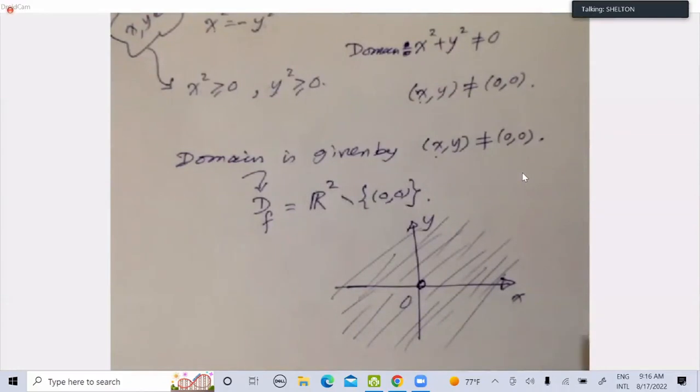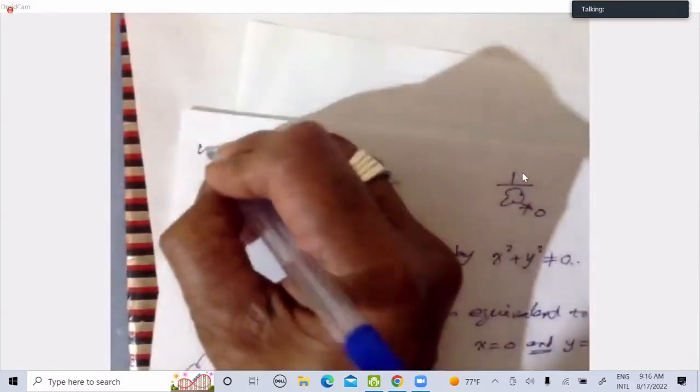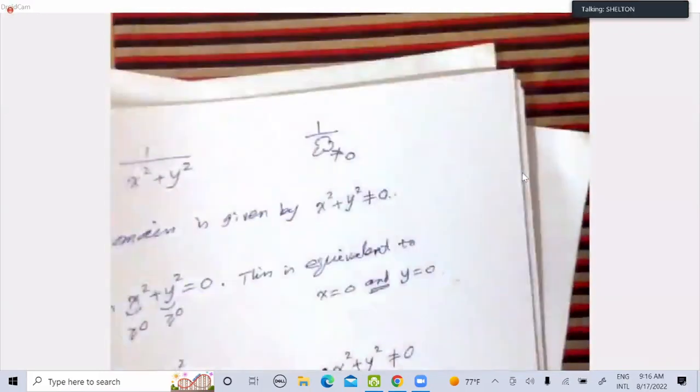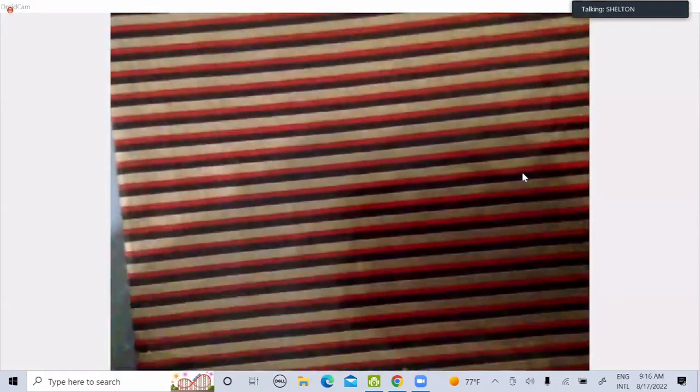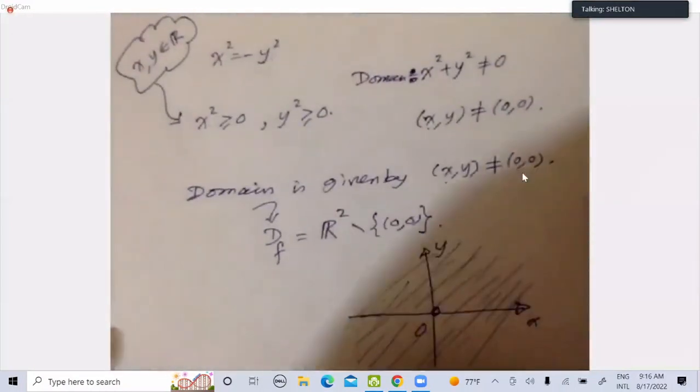For the range, you need another variable. We denoted it by z. So this is the domain. So those things which we did for one variable can now be extended to functions of more than one variable.